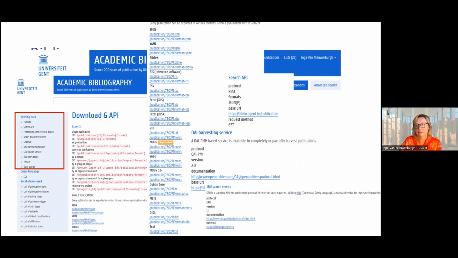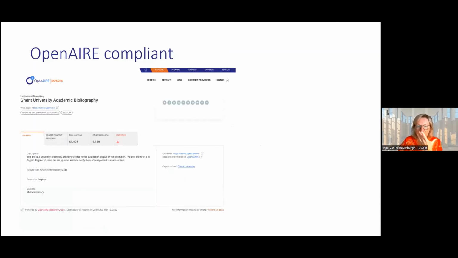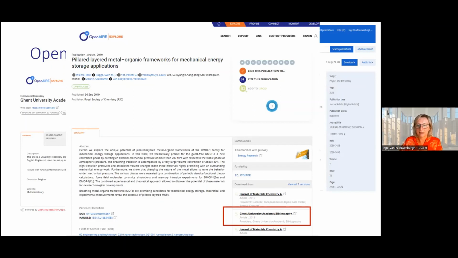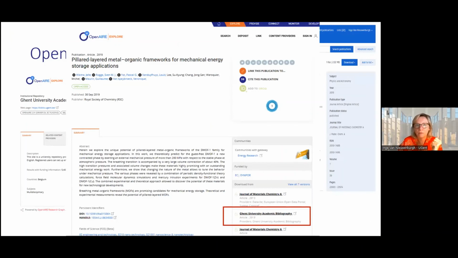And because Biblio has these services and is OpenAIRE compliant, information can flow automatically from Biblio to OpenAIRE and then feed into services like the European Open Science Cloud. That is one of the examples of how it works.